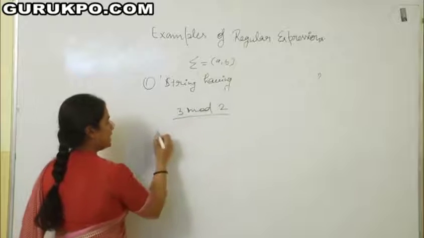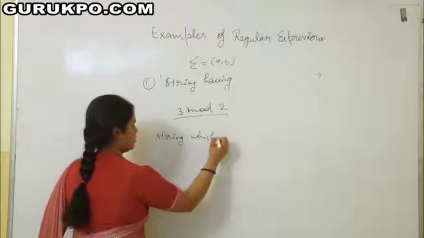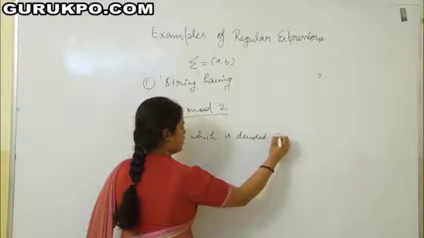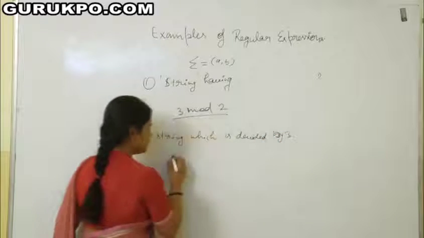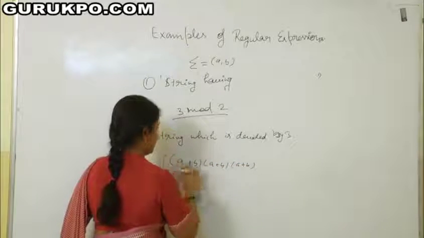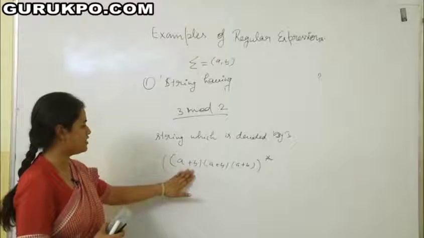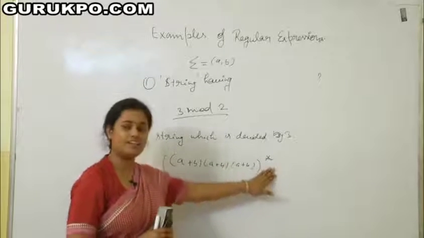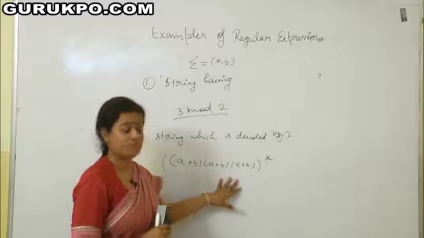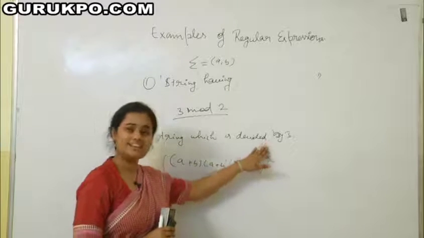Suppose now I am writing the regular expression for the strings whose length is divisible by 3. For this the regular expression will be like this. You have to take at least 3 symbols, then make a star here. Then what will happen? It will develop all the strings which have length 3 and it will make the star, and it will convert only those which have the 3. Then all the strings generated by this regular expression will be divisible by 3.